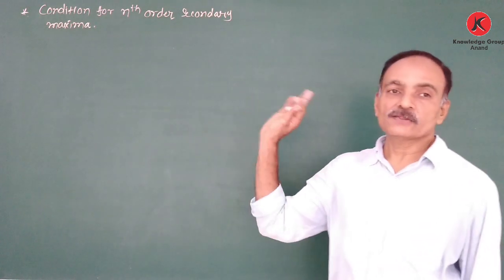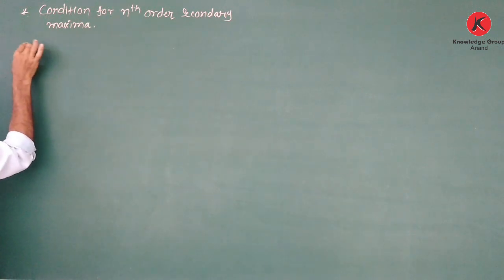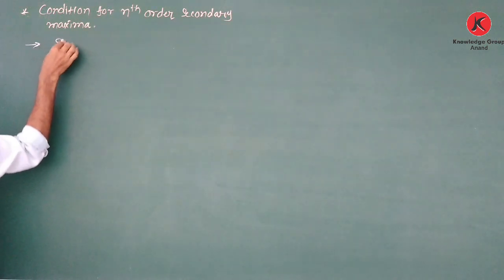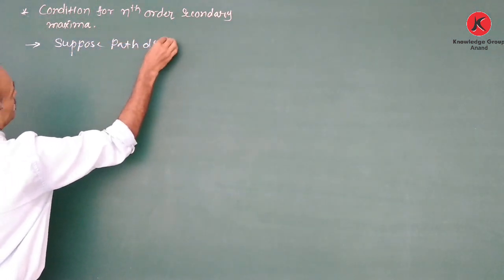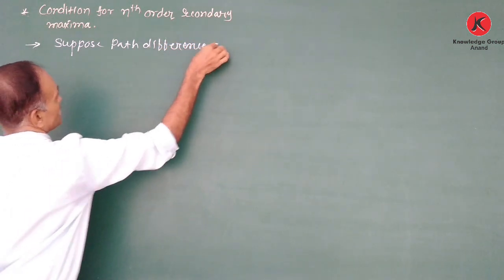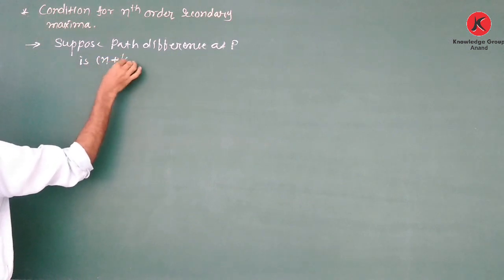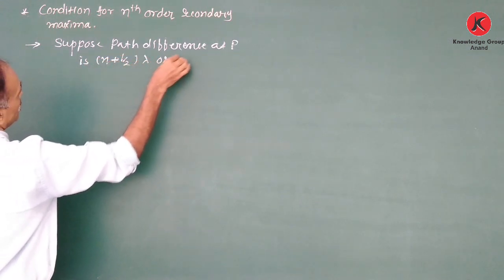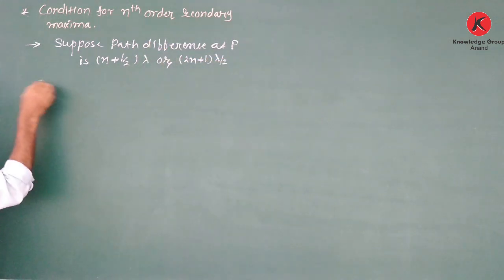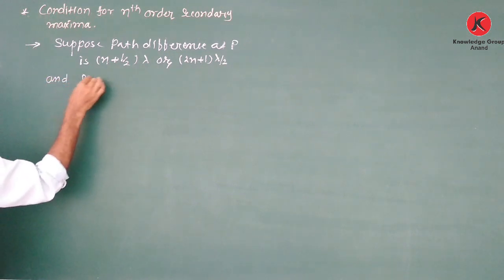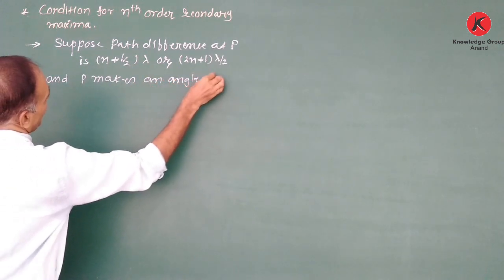Now, the condition for nth order secondary maxima. For that purpose, we consider that the path difference at point P is n plus 1 by 2 lambda, or 2n plus 1 into lambda by 2, and P makes an angle theta n dash with the MC line.